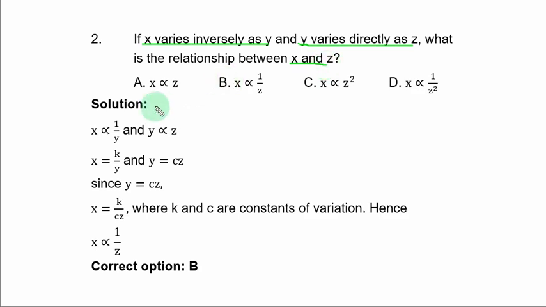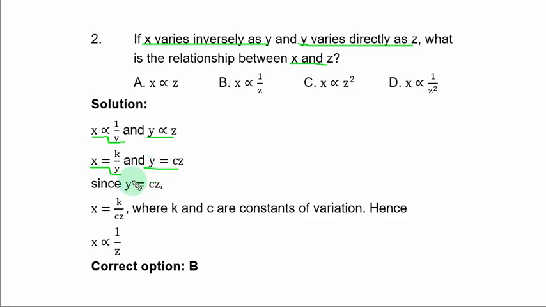From the first statement, S varies inversely as Y, and Y varies directly as Z. Next is to do away with the symbol of variation by introducing an equality sign and a constant of variation. So you have S equal to K times 1 over Y, which can be written as K over Y. Now let's use constant C here. So Y equal to CZ.